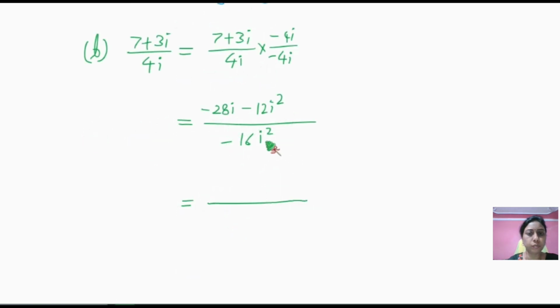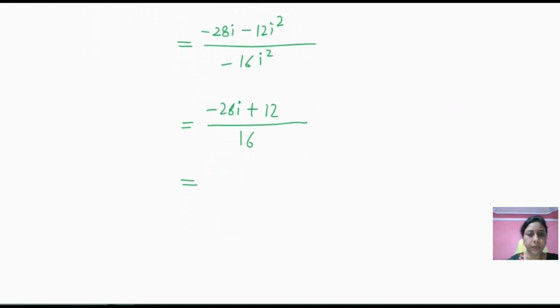Now we put the i square value, minus 1: minus 28i, and minus 12 times i square, which is minus 1, minus minus is plus 12. In the denominator, i square is minus 1, so minus minus is plus, and this is just 16.